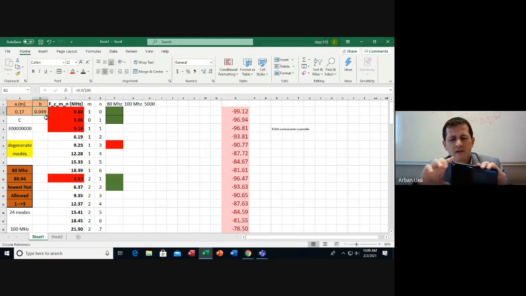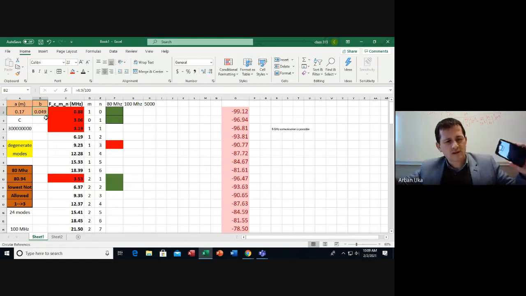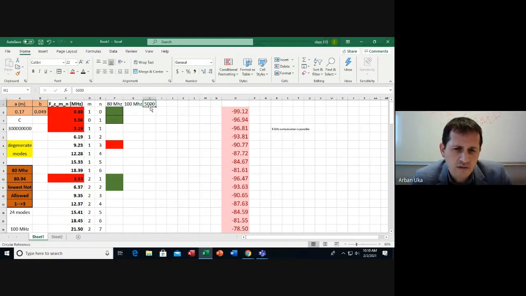So apparently, you make aluminum foil in the shape of this. The cross-sectional area is this one. You extend this as much as you can, and then you can communicate through this 11 distinct mode composition of this 5 gigahertz.